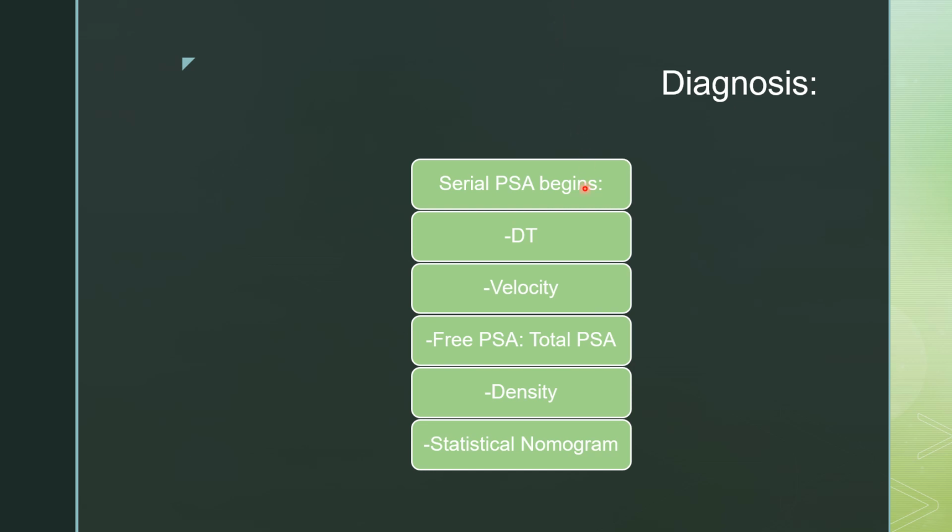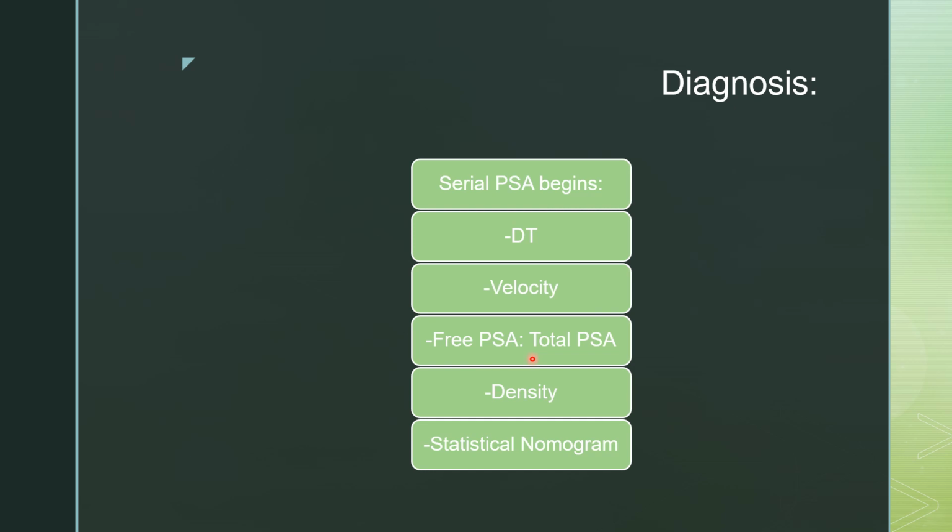Sorry for the interruption. Now, free PSA to total PSA. In the course of serial PSA, we will check that, because it is going to be good news when we pick more free PSA.